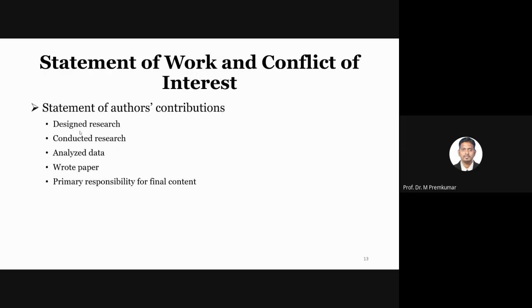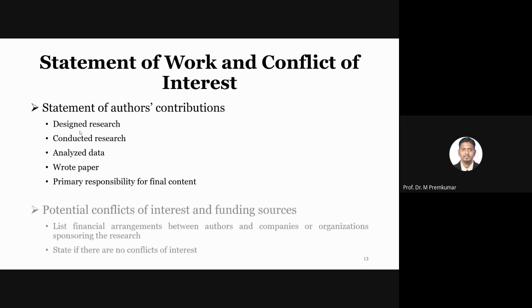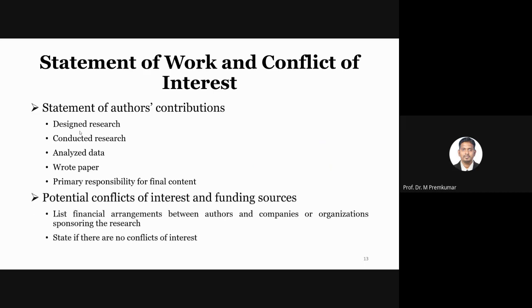Okay, and the statement of work and the conflict of interest. When you go for quality research publications, when you submit a paper, the journal will ask for the author credit statement. For example, if there are 3 or 4 authors in the paper, what is the contribution of each person? You have to define that when you submit the paper.